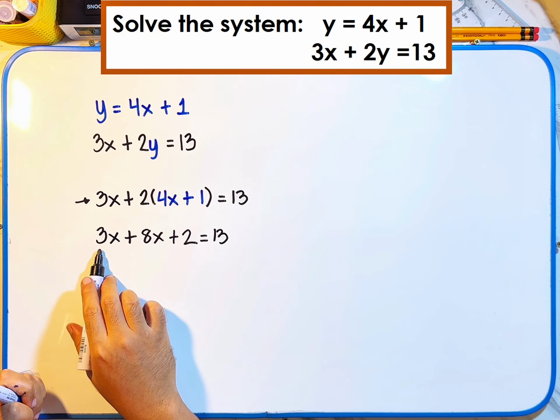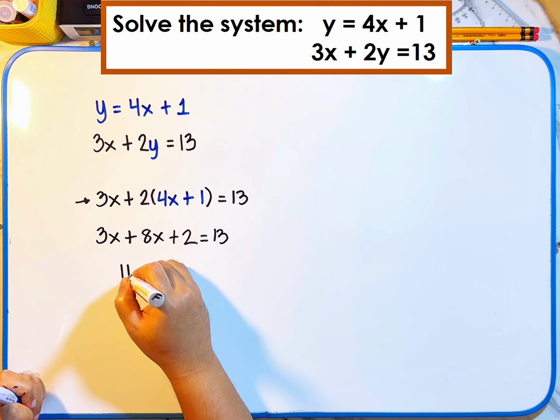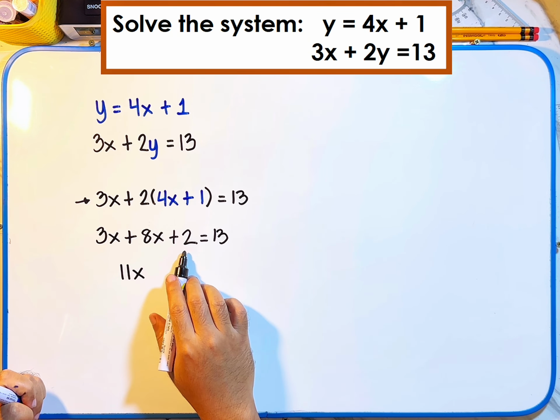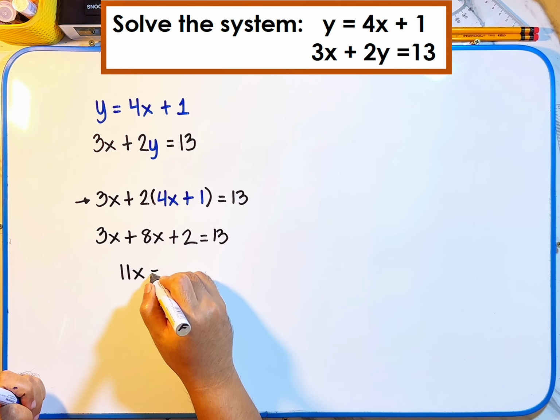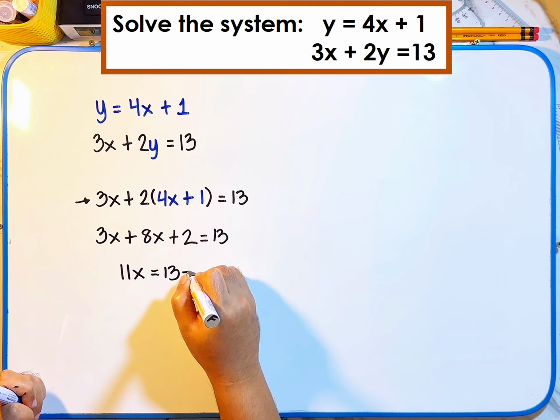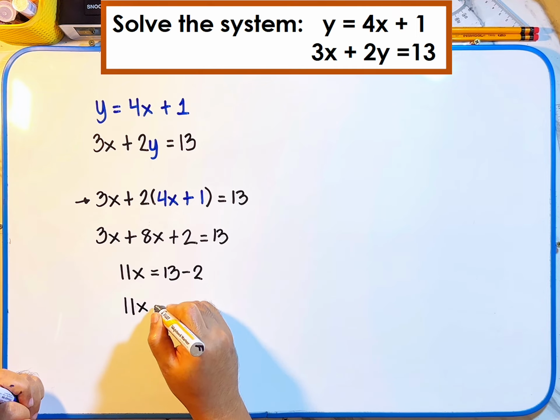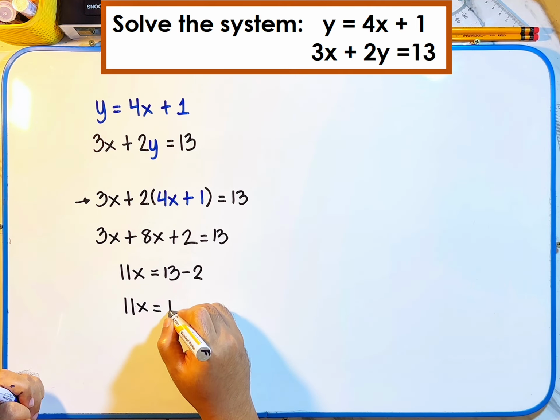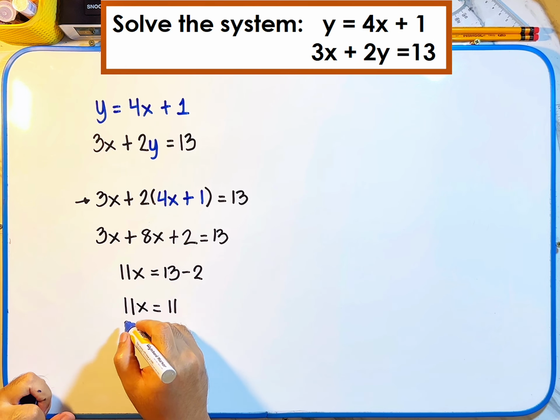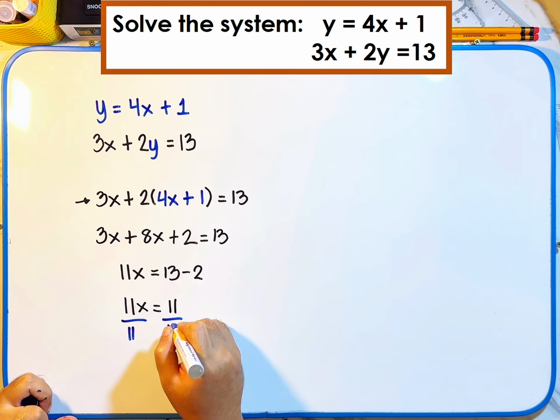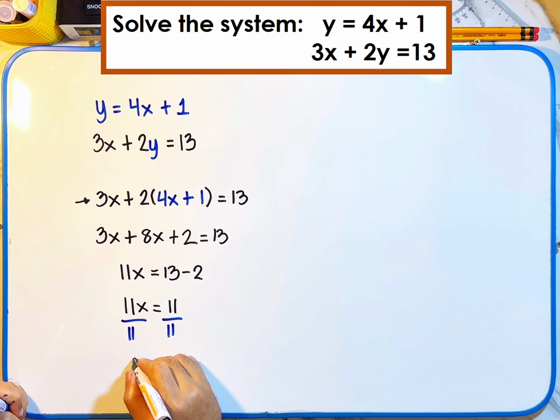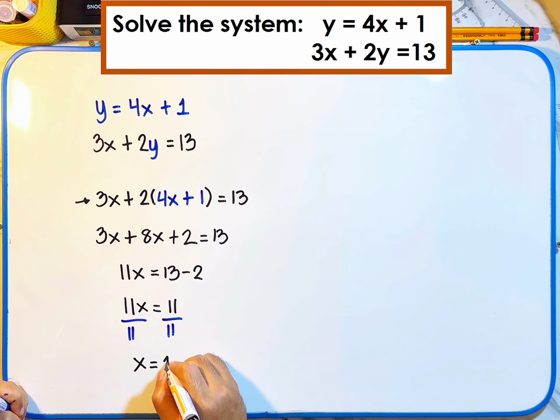Combine like terms, 3 plus 8, that's 11x. And then transpose 2 to the other side and make it negative. 13 minus 2, and 11x is equal to 13 minus 2, which is 11. And if we divide both sides by 11, the value of x is equal to positive 1.